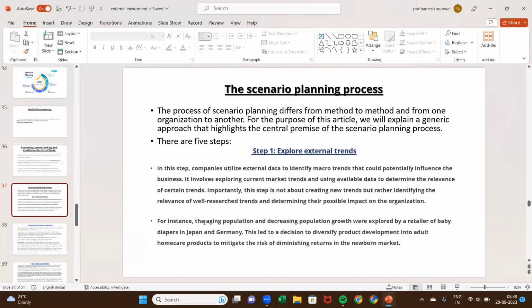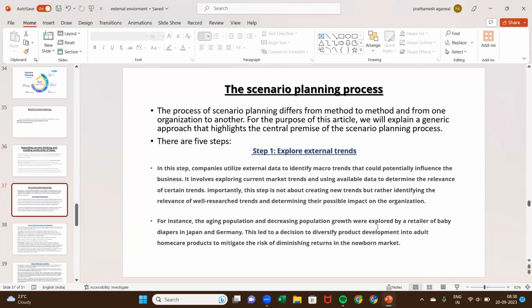For instance, the aging population and decreasing population growth were explored by a retailer of baby diapers in Japan and Germany. Now, the aging population and the decreasing population growth. So, the percentage of senior citizens was rising and the new generation was decreasing.